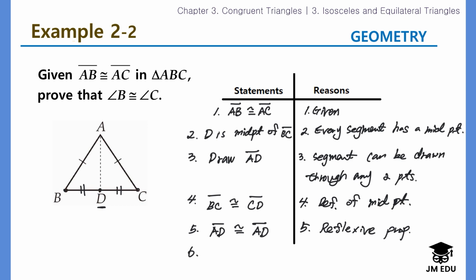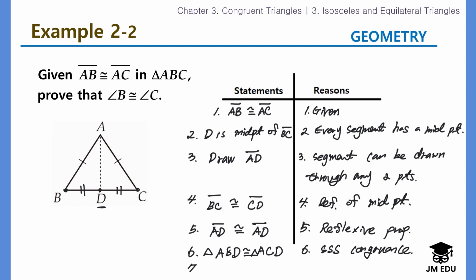So we can say that triangle ABD is congruent to triangle ACD, right? Does that make sense? Okay, this is side-side-side congruence.